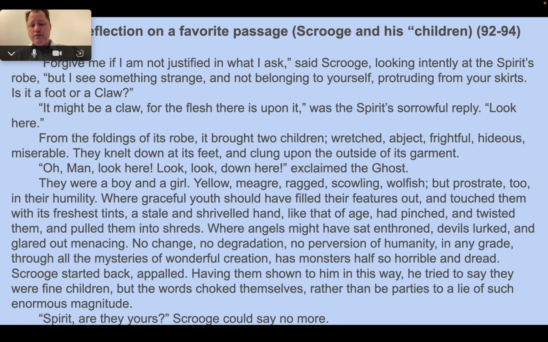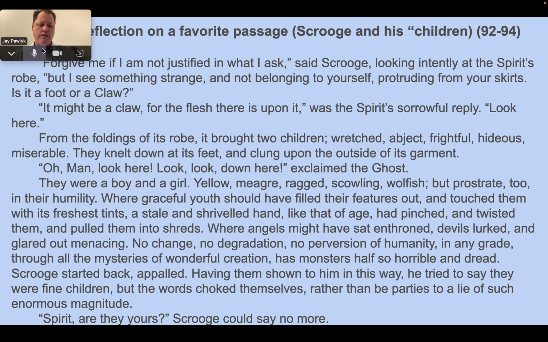No change, no degradation, no perversion of humanity in any grade, through all the mysteries of wonderful creation, has monsters half so horrible and dread. Scrooge started back, appalled. Having them shown to him in this way, he tried to say they were fine children, but the words choked themselves rather than be parties to a lie of such enormous magnitude.